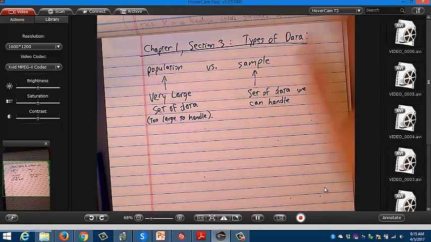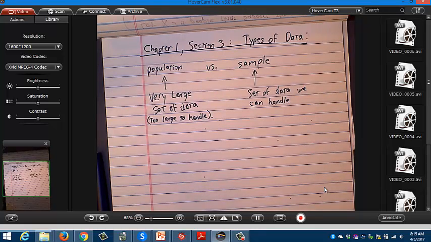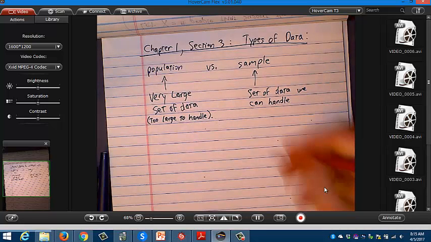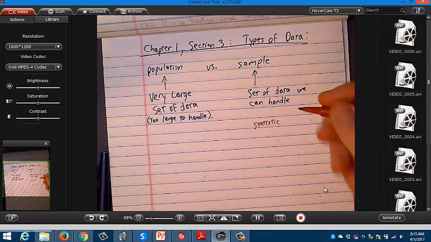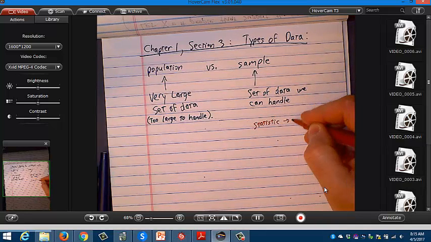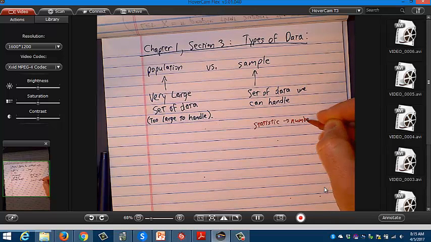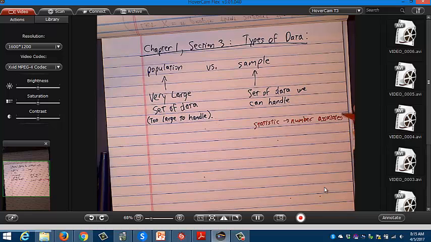Now, you guys, the name of the course, statistic, that's a vocab word, right? And the one that goes along with it is parameter, right? Statistic goes with which one of these? Yeah, statistic goes with sample, right? A statistic, we know, is some kind of a number, right, associated to a sample.